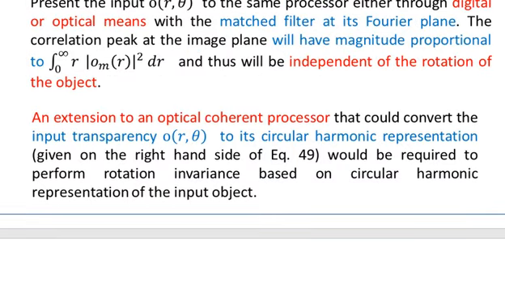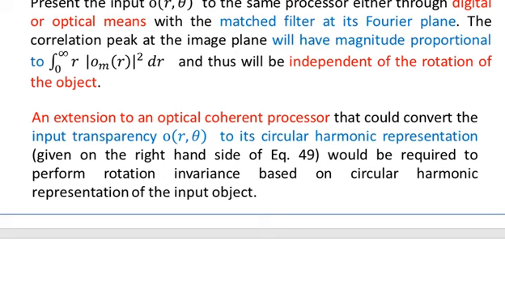An extension to an optical coherent processor that could convert the input transparency O as a function of r and theta to its circular harmonic representation given in equation number 49 would be required to perform rotation invariance based on circular harmonic representation of the input object.